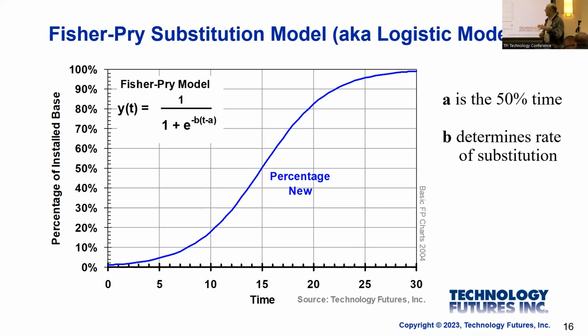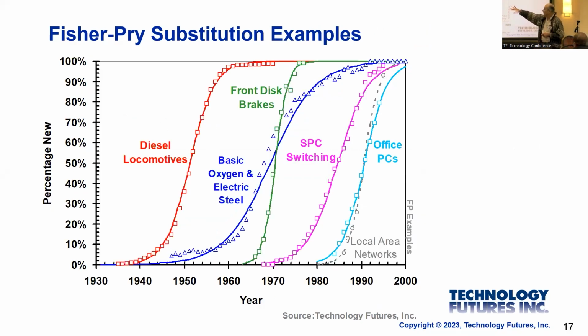And here are some examples of different industries, everything from diesel locomotives replacing steam locomotives years ago to people adopting PCs in the office, and some examples in between. Notice they're all S-shaped curves. They're all following the Fisher-Pry model, but they happen over different periods. Some of them take decades. Some, like local area networks, for example, were very, very quick.